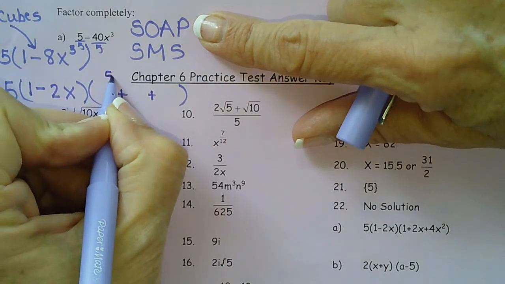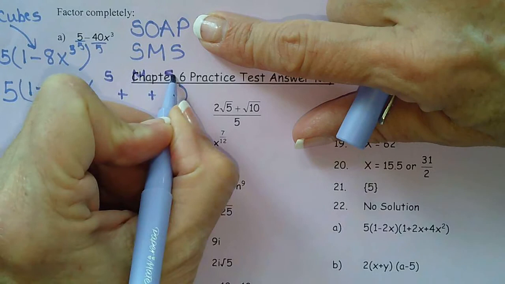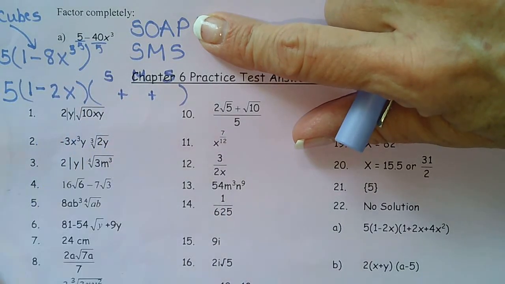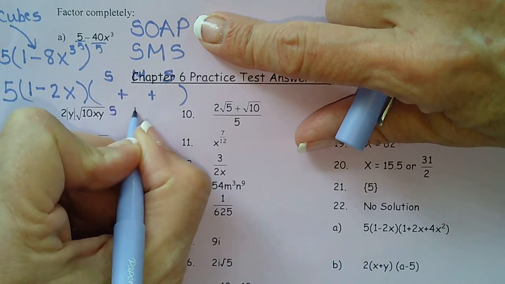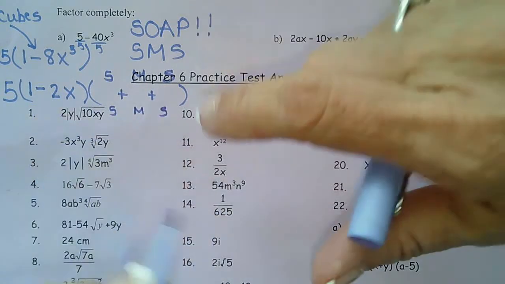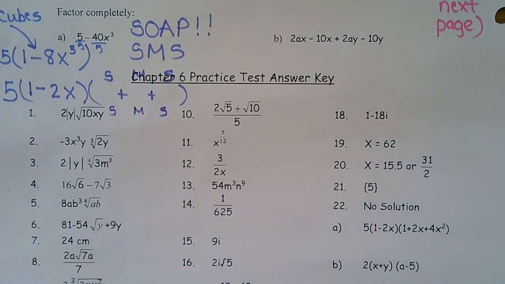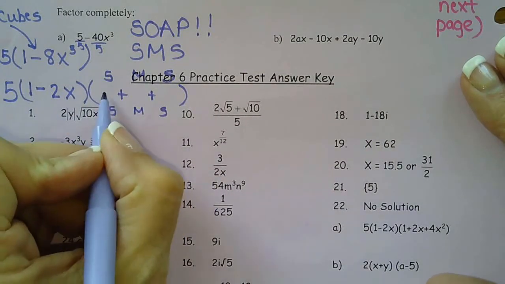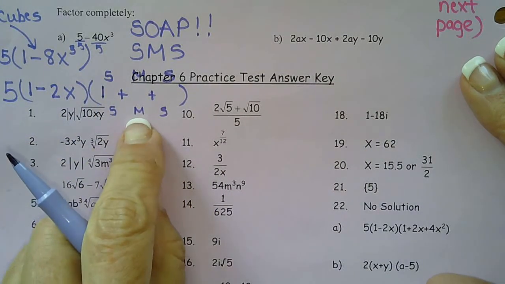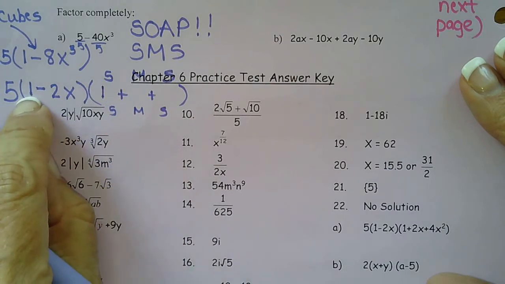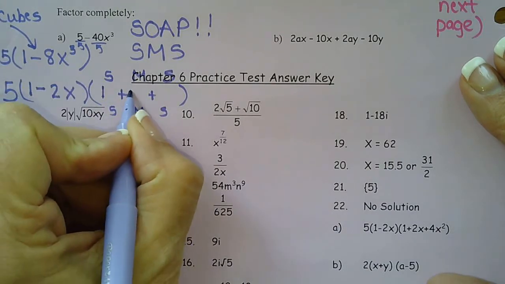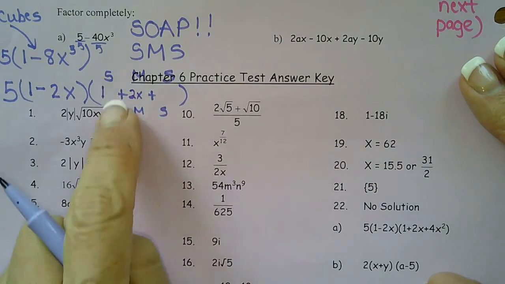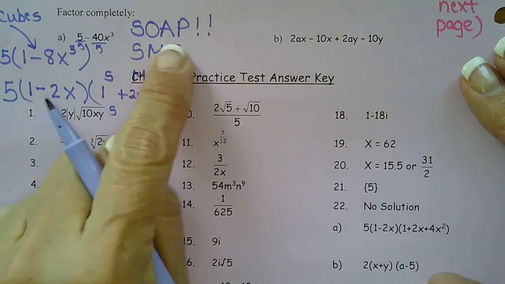And then we learned that this is SMS, square, multiply, square. I'll write it down here since it's kind of covered up by the words. So what that means is we square the first term. What's 1 times 1? 1. This means multiply the 2 terms together. What's 1 times 2x? 2x. And remember, we don't look at signs because the signs are set in SOAP.